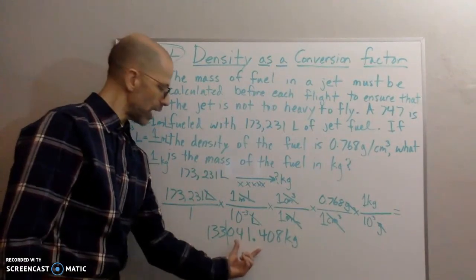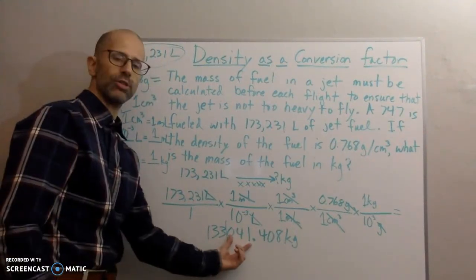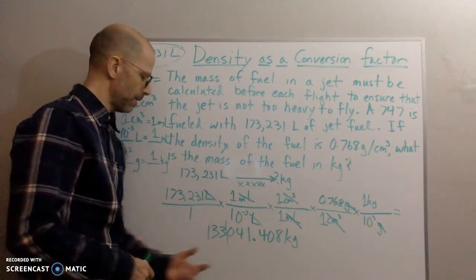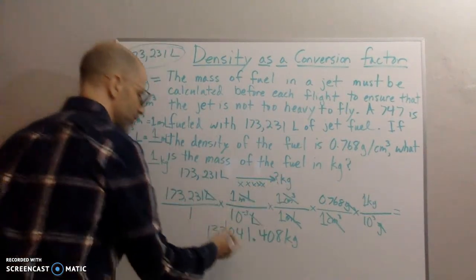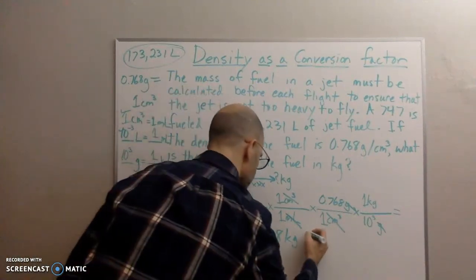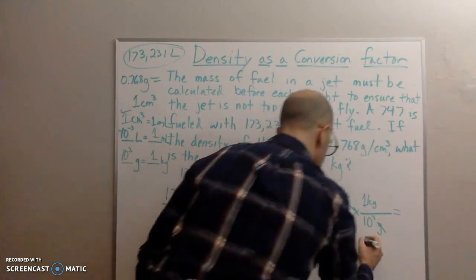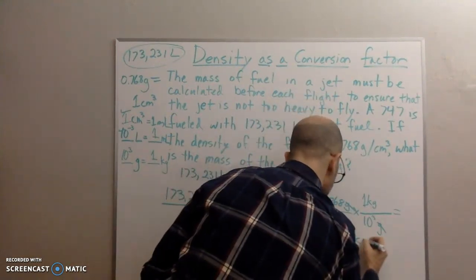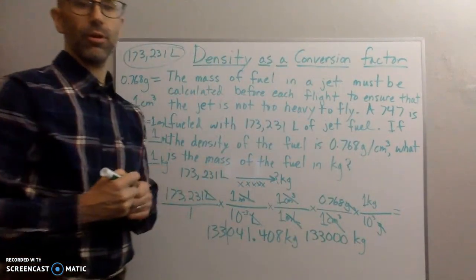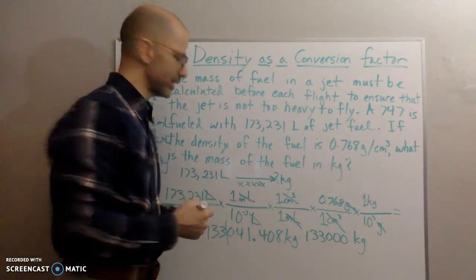If I drop these, I need to replace them with zeros because those zeros are placeholders. Without the zeros, I get a different number. So the number is 133,000 kilograms of the fuel.